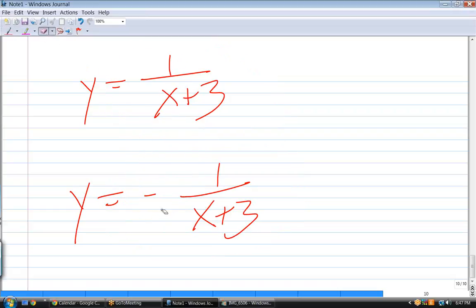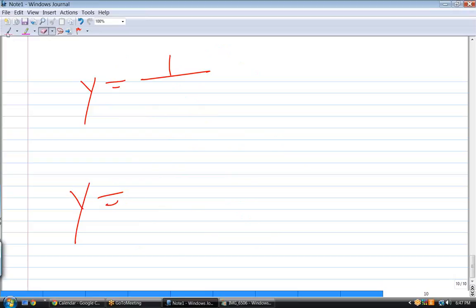If I have this, what's that in? First and second? First and third. It's never first and second when you have a linear. It's only first and second when this is x squared. Linear means that the highest power of x is 1, so it's either first and third or second and fourth.